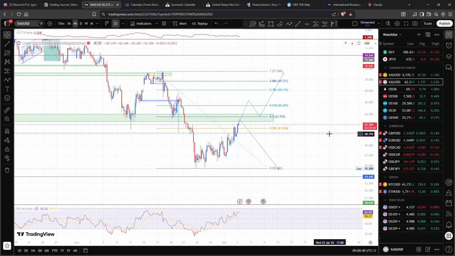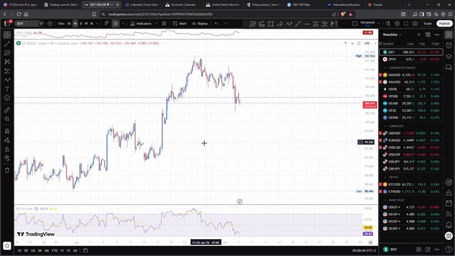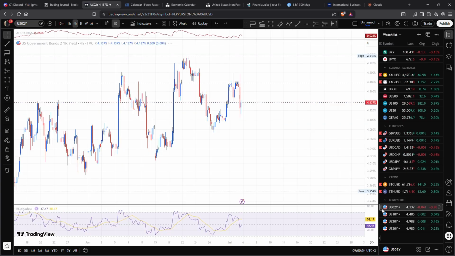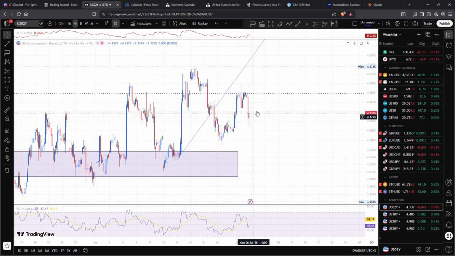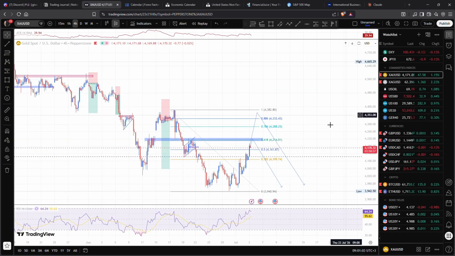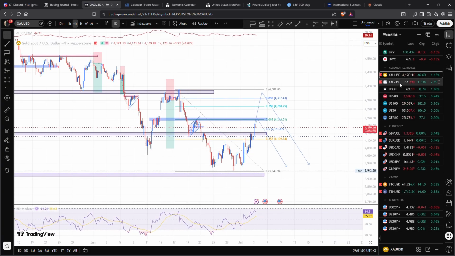So to sum it up, I think if the dollar holds support around this zone, it could be anywhere in this region. If the dollar holds support around that zone and yields continue to push higher, I'll become more interested in dollar long opportunities. Again, similarly, short on gold and silver.